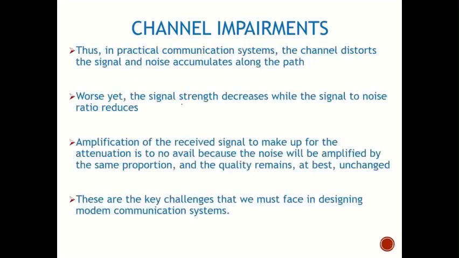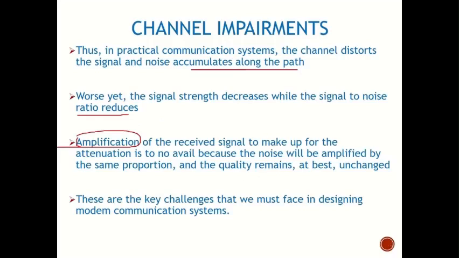Then in practical communication systems, the channel distorts the signal and noise accumulates along the path, right? So the issue is the signal strength decreases while the signal to noise ratio reduces. Now we can say, why not just use an amplifier to increase the signal strength?